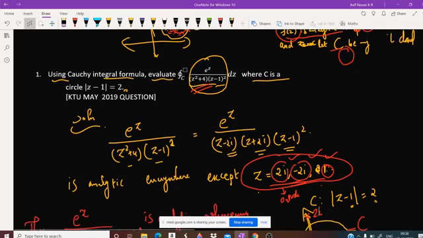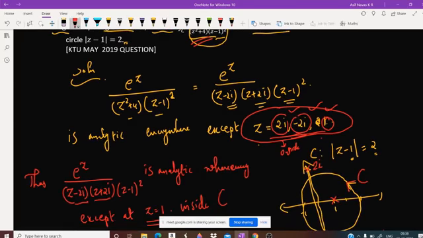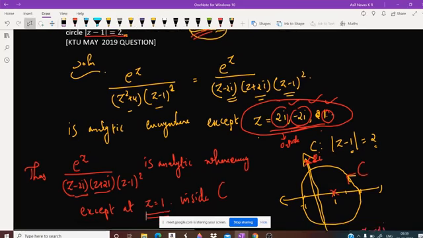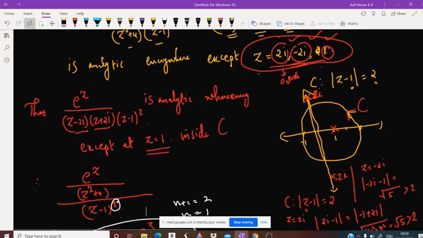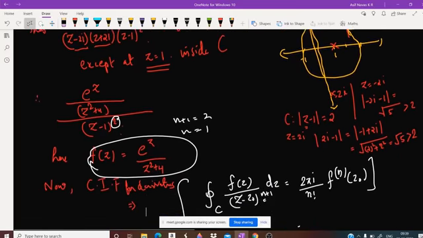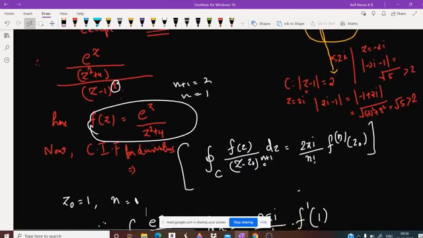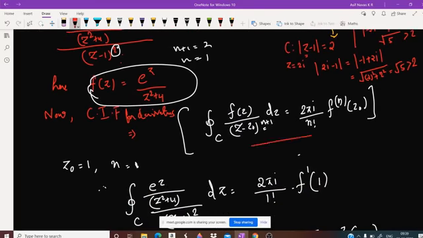Then we draw the curve, a simple closed path. This is a circle, and we find that both points are outside the circle. Therefore, it is not analytic only at z equal to 1. So then we can easily use the Cauchy integral formula and we can find the solution.